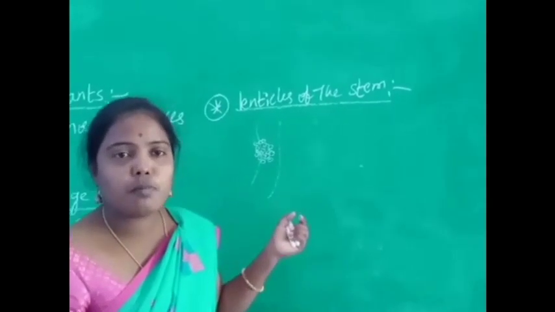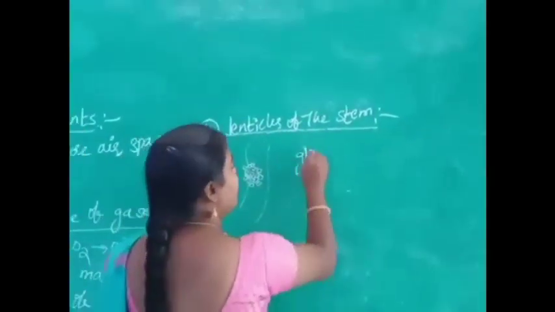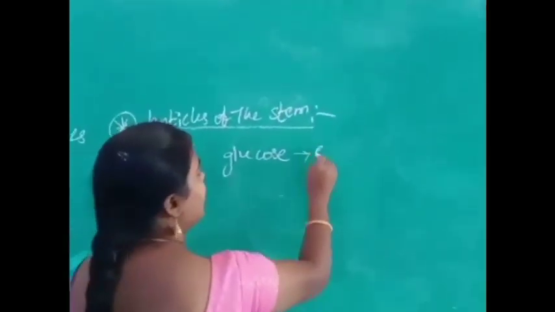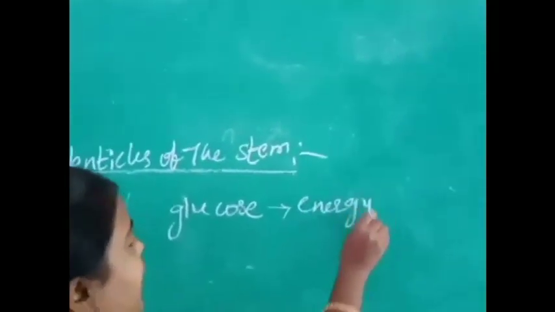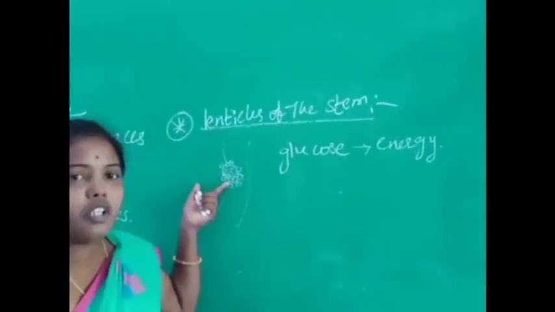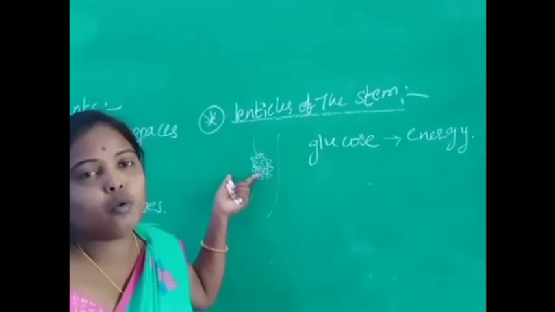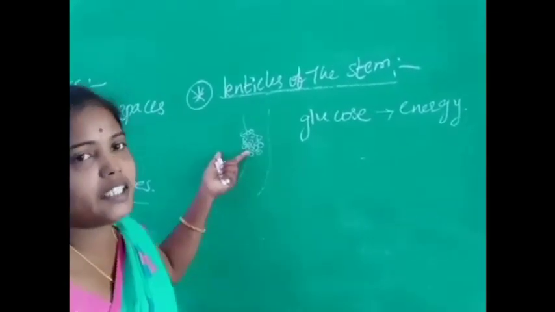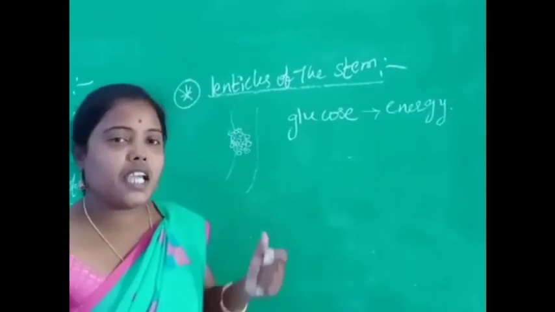When the glucose molecule is completely broken down, it releases energy. By using the energy, the plant converts carbon dioxide gas into oxygen gas.